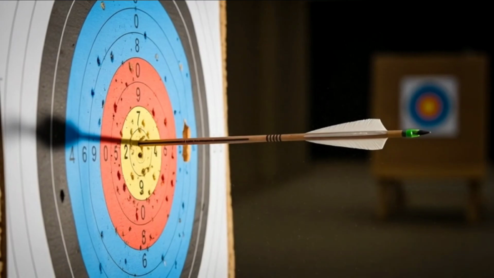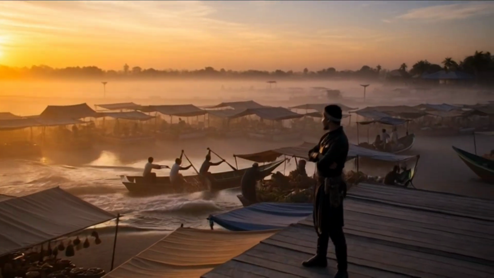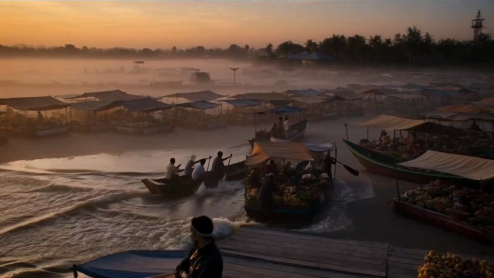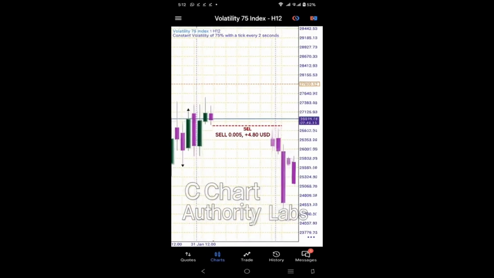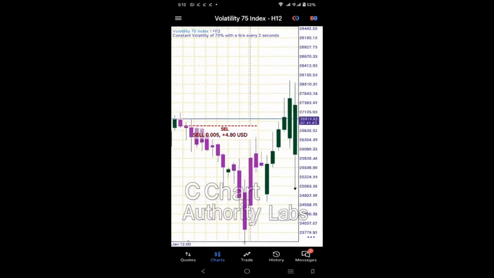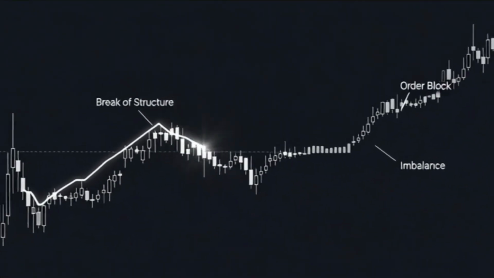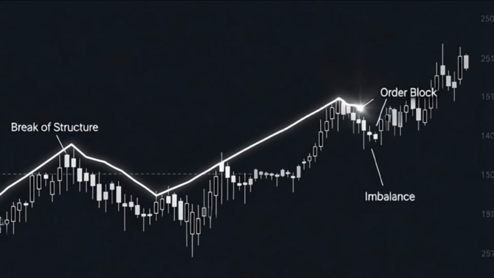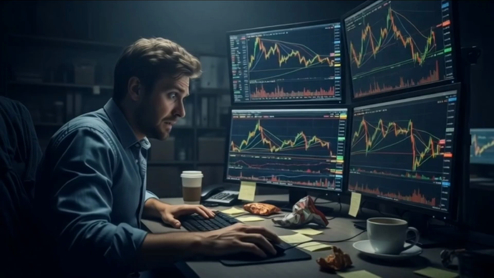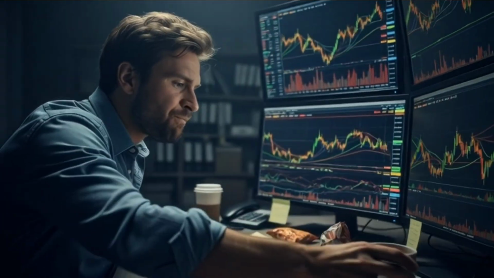You don't enter randomly. You enter after structure forms, after liquidity is taken, at areas of imbalance or origin. Best entries happen at pullbacks in trends, after structure confirmation, near previous demand or supply. Stop-loss placement, beyond where the idea is invalidated, not arbitrary pips. Target, next liquidity pool.